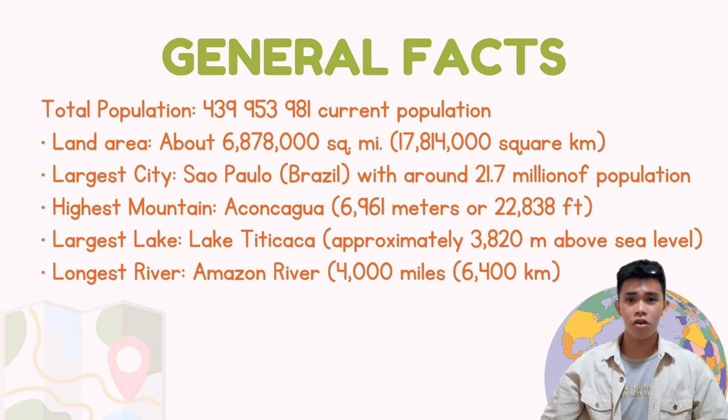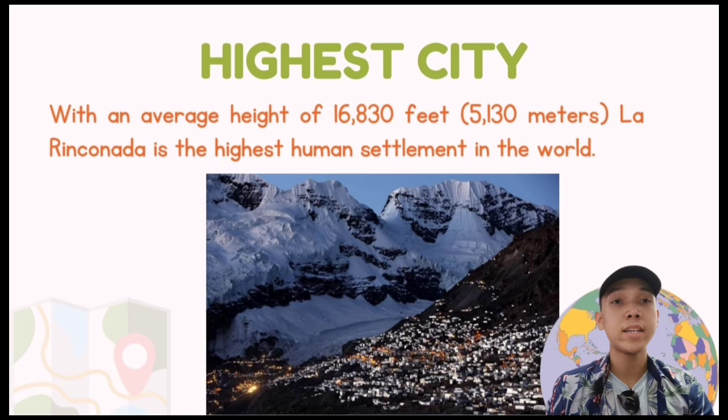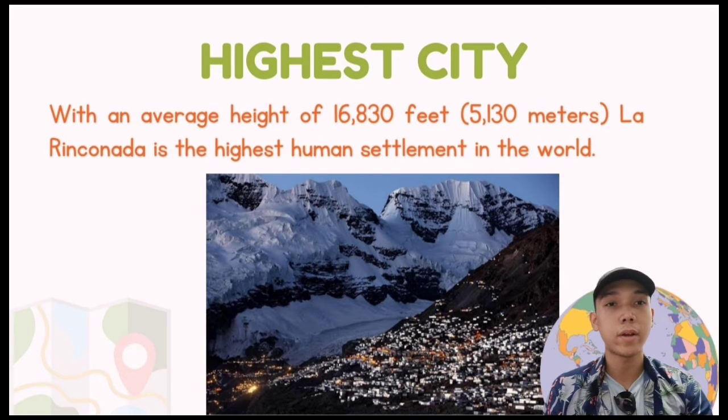By far, the largest system is formed by the Amazon River, which stretches some 4,000 miles or 6,000 kilometers across equatorial South America. The volume of water it carries surpasses that of all other rivers, constituting 1/5 of the total flowing fresh water of the world.